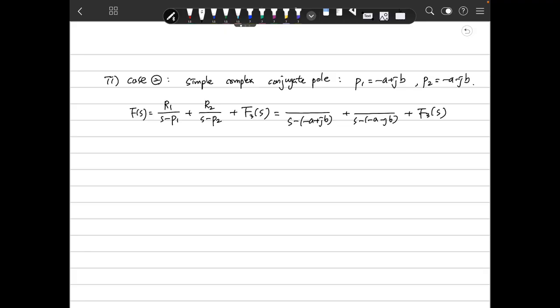And because the poles are complex conjugates, R1 and R2 could be complex numbers. So this time we make R1 is C plus JD and R2 is C minus JD.